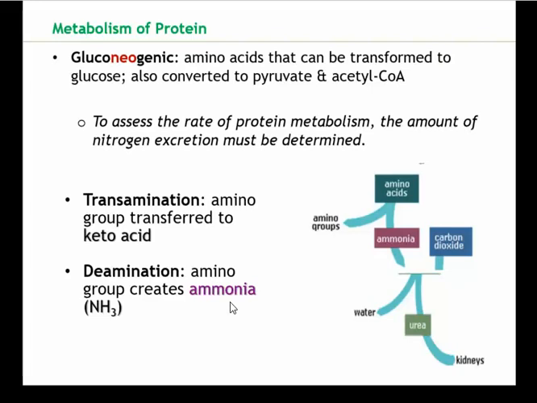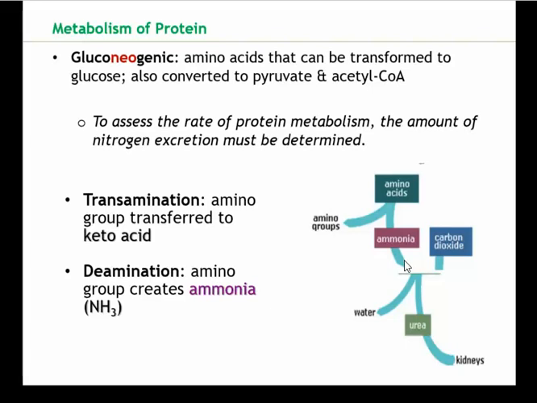This occurs in the liver and the kidneys, depending on which amino acid is used. So we see here, it takes that amino group away, and then it creates ammonia. So ammonia is a base in the body, and it can upset the acid-base balance.